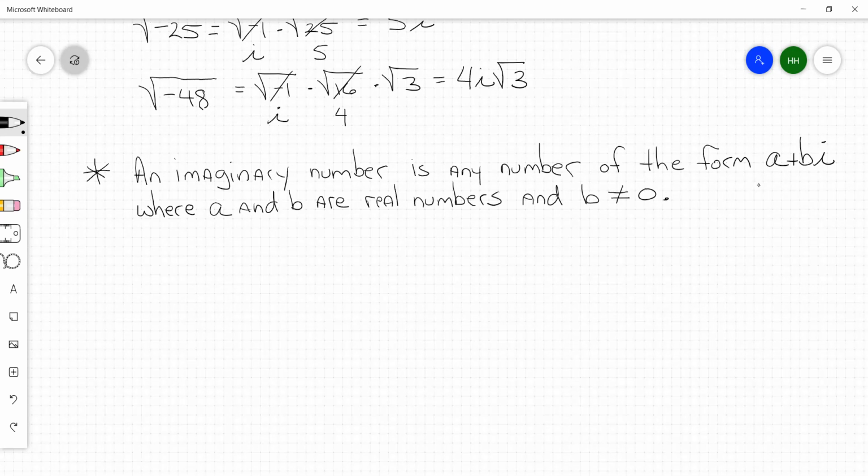Imaginary numbers and real numbers together make up a set of complex numbers.